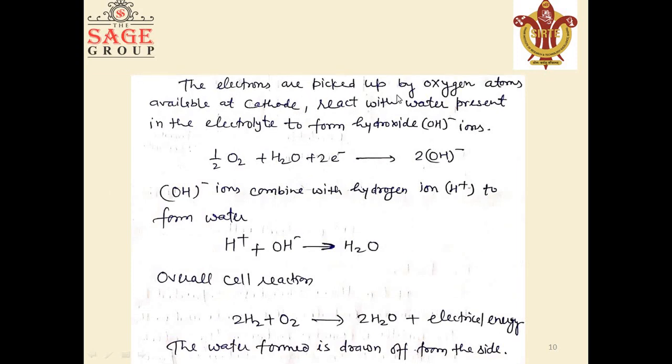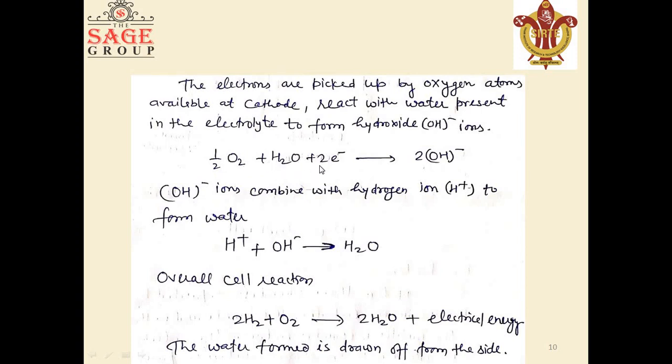The electrons are picked up by the oxygen atoms available at the cathode, which react with water present in the electrolyte to form hydroxide. Here we can see the hydroxide ions.